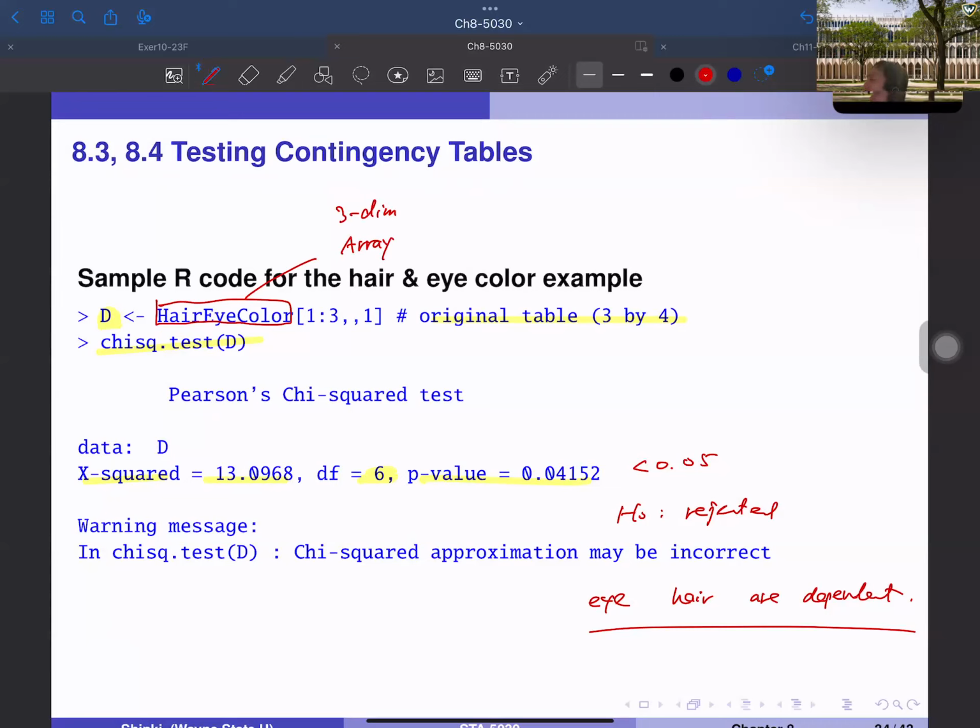I'm not exactly sure what the first table and the second table are, maybe male and female or something. But so there are row, column and page. And this is just the first page of the three-dimensional array. You can check in your R session, and this is a default data set in R. So if you just type HairEyeColor, you will see 2 pages of matrices. That is a three-dimensional array.